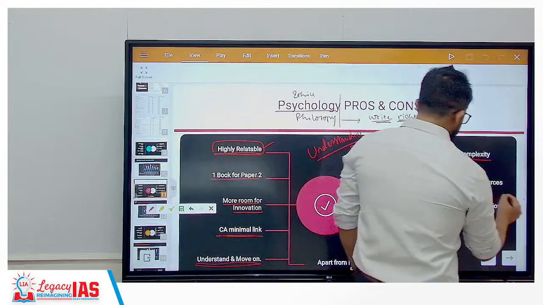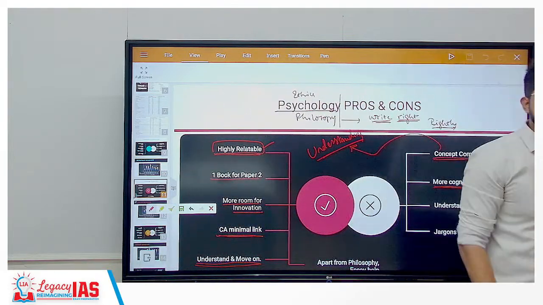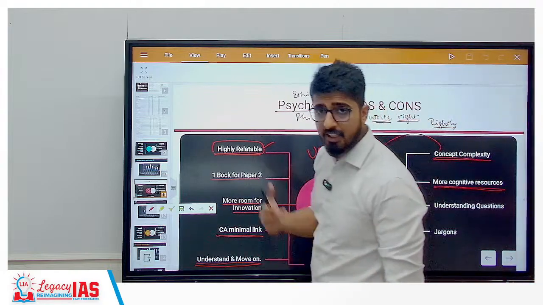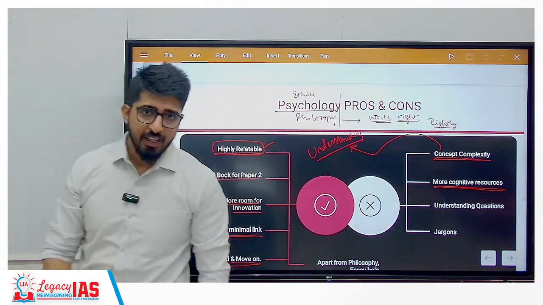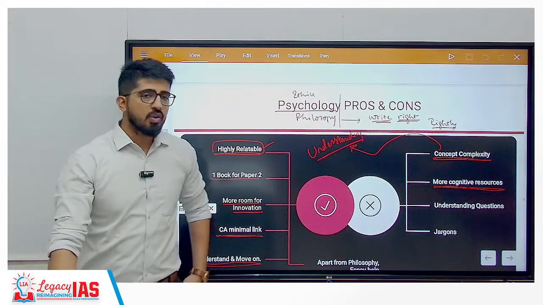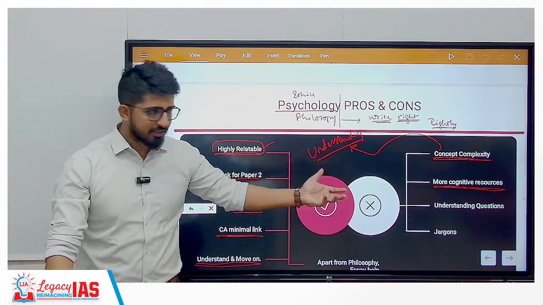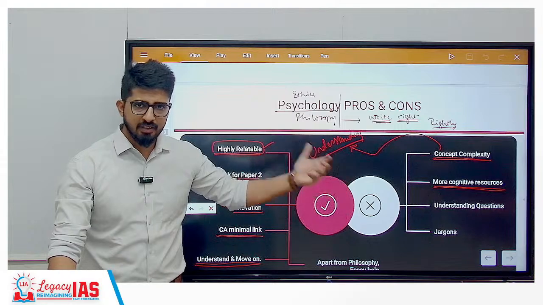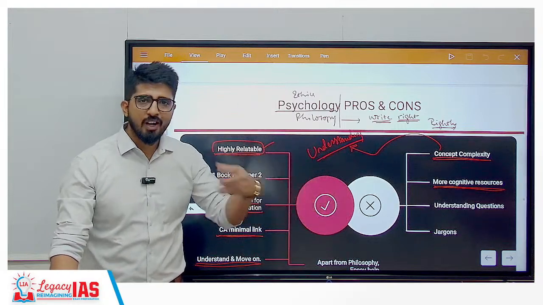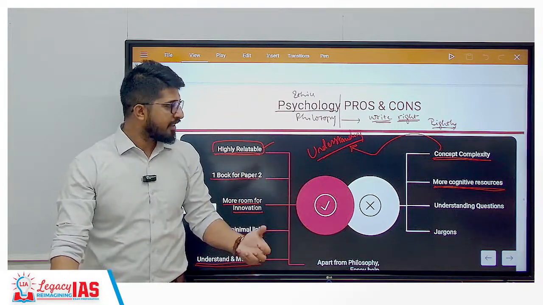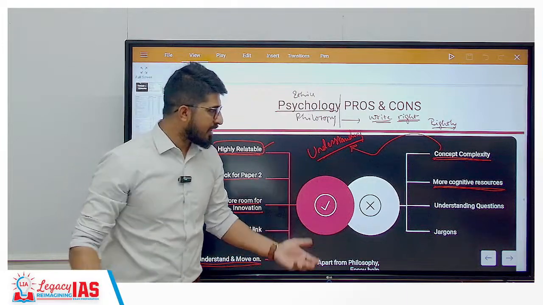More cognitive resources are required. Cognitive resources in the sense, you have to apply your mind quite a lot. Energy consuming. So cognitive thinking, that is related to thought or the thinking process. You require a lot of energy to do that compared to other subjects.